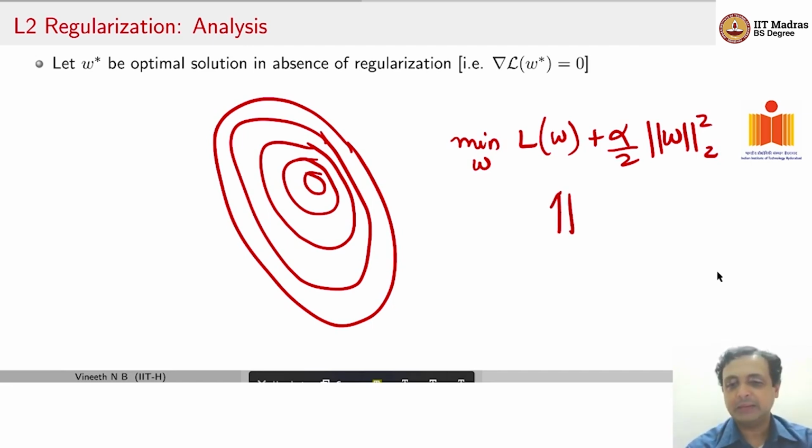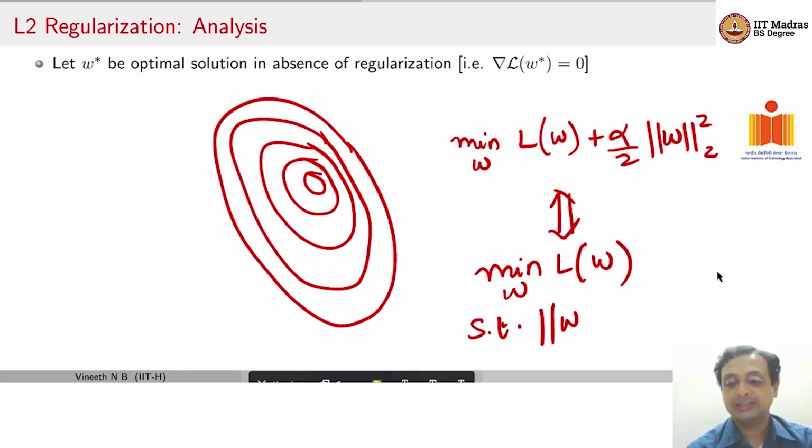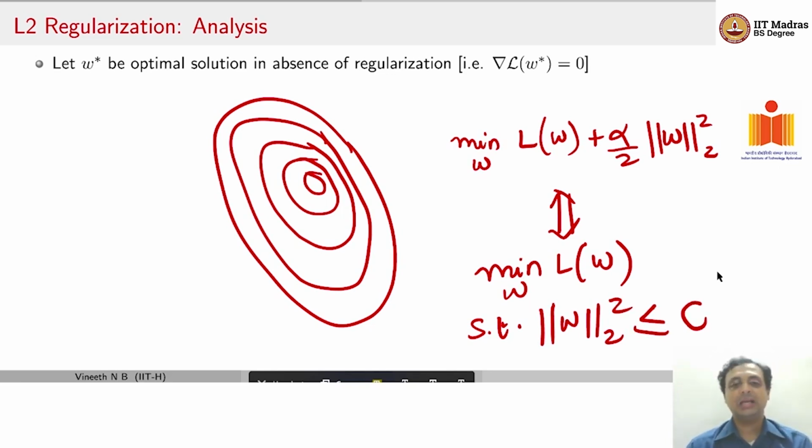This is equivalent to saying that you want to minimize your loss function such that the 2 norm of your weights is less than a certain quantity. You can come up with some number, some constant c. These formulations are equivalent to a certain degree, under certain conditions, from an optimization standpoint.